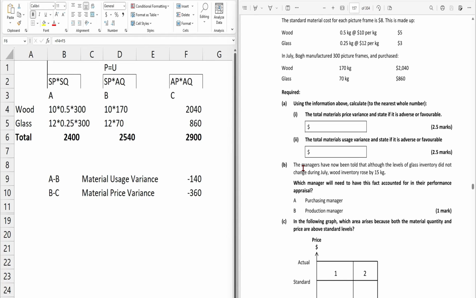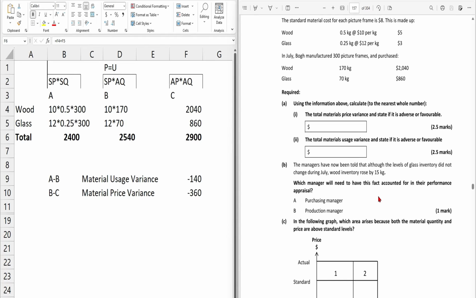So moving toward the next part, which is your requirement B. Requirement B says the managers have now been told that although the level of glass inventory did not change during July, wood inventory rose by 15 kg. Which manager will need to have this fact accounted for in their performance appraisal? You might have learned about the performance appraisal of the department, division or the manager.